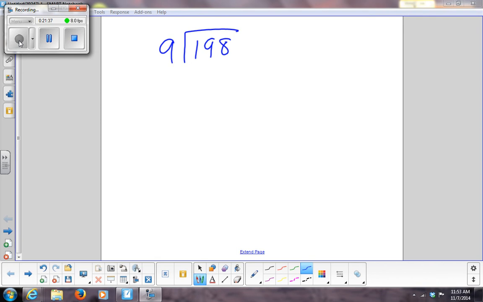Where should I start? I obviously can't start at 100, because that'd be way over my estimate. So I might want to start even as low as 10, right?